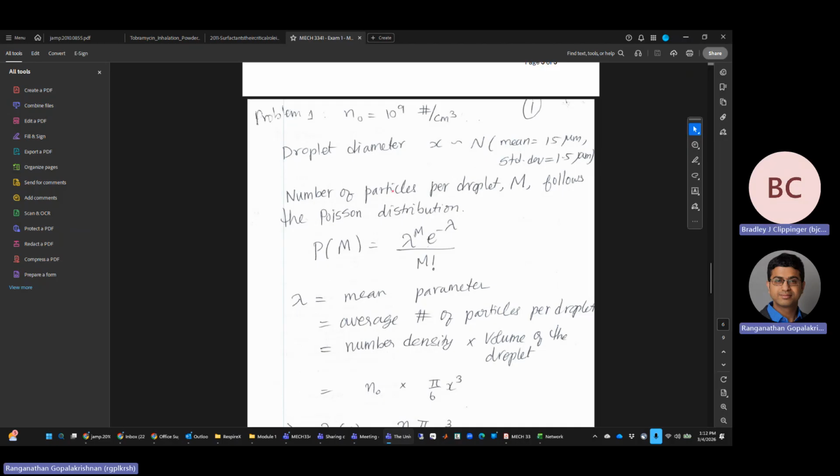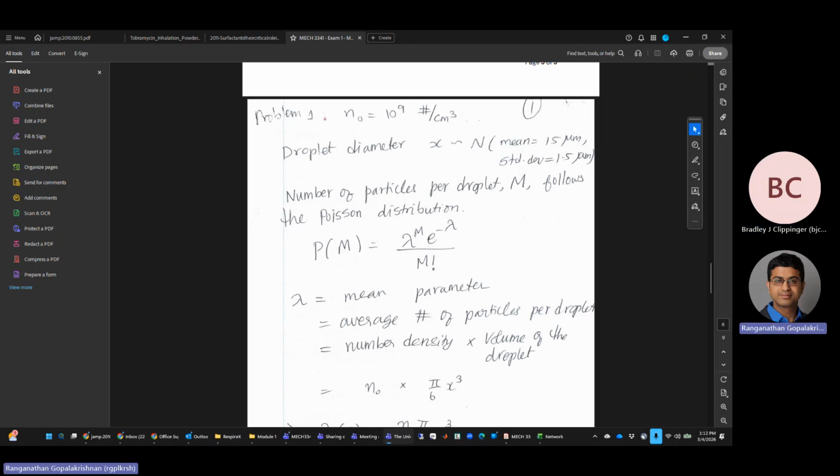So in this place where you want to compute lambda, you just plug in 15 microns and you got that number, 1.77. Then you computed the probability for m equals 0, m equals 1, m equals 2, m equals 3, and so on. That part you get.